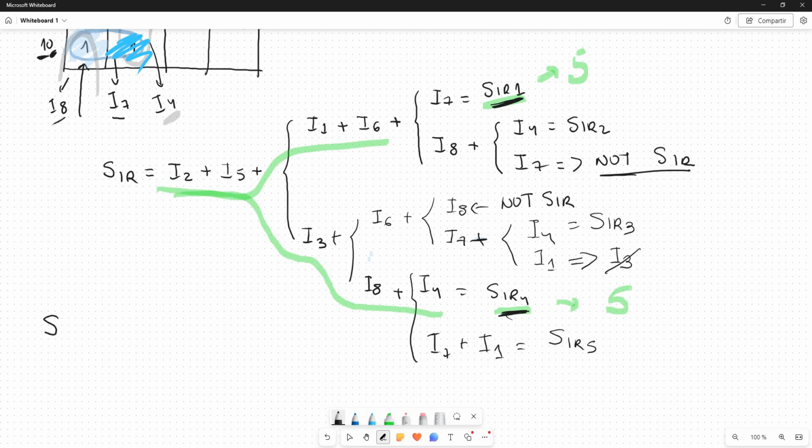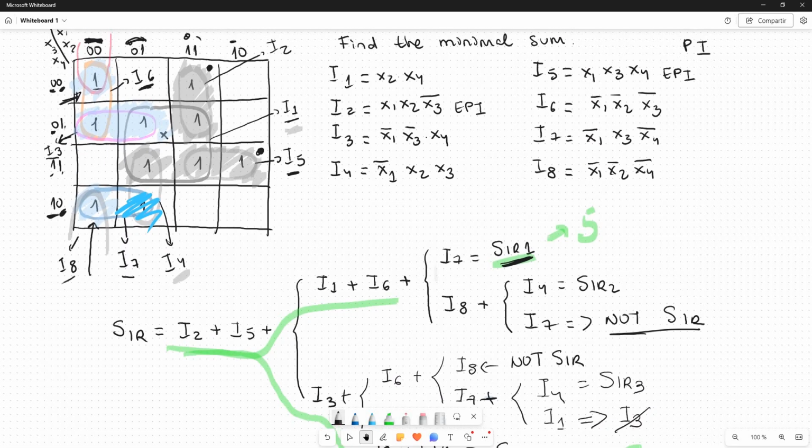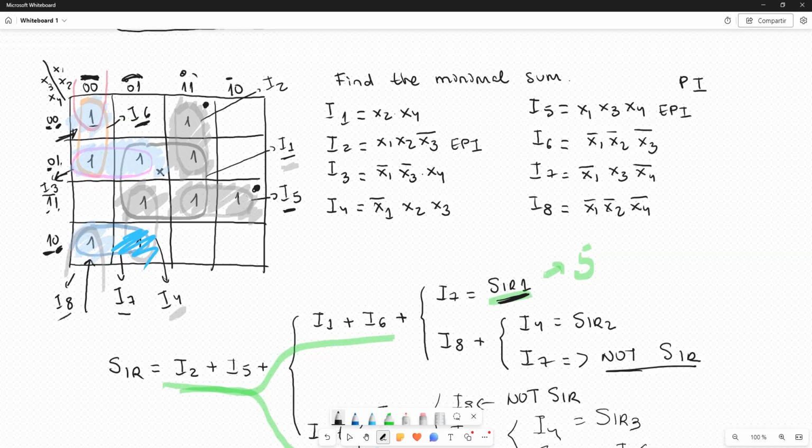but the strictly minimal sum is going to be that irredundant sum with the fewest number of literals. If we look at the implicants, we can see that the implicant with the fewest number of literals is implicant 1 because it only has 2 literals.